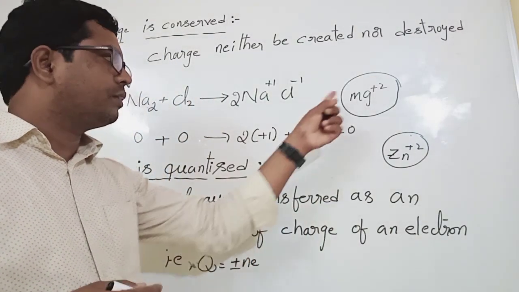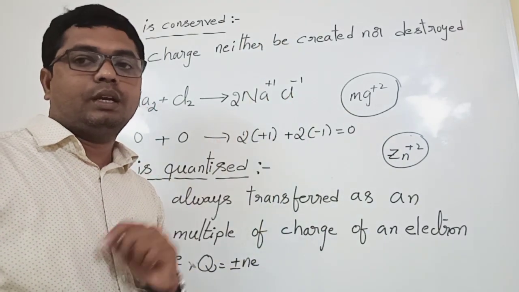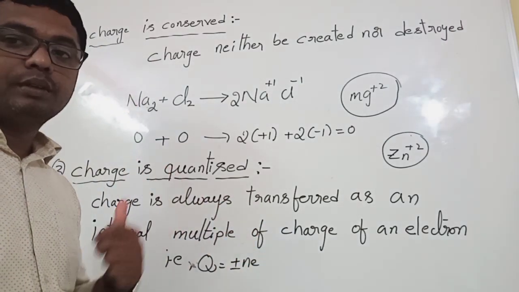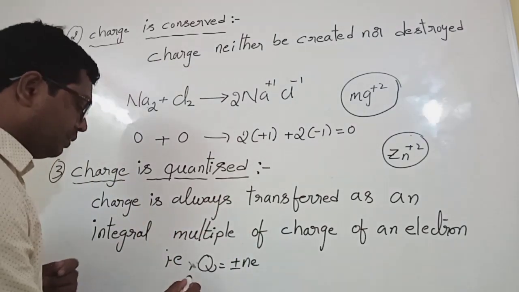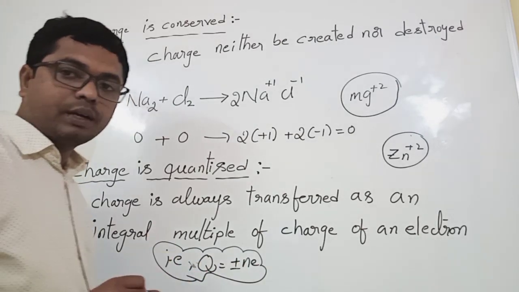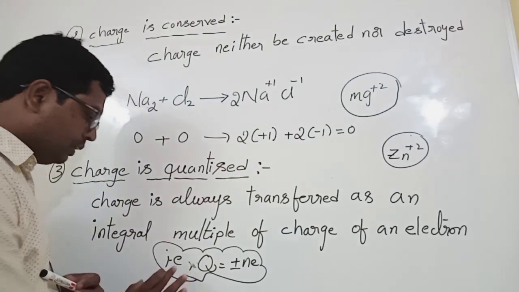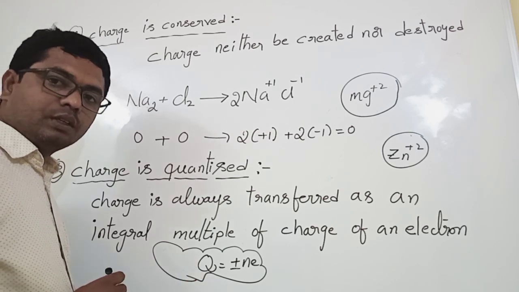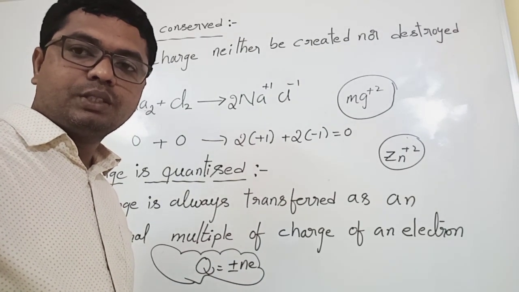It may be plus 2, plus 3, plus 4, plus 6, depending on the type of molecule, but you express it in integral multiples of the electron charge only. That is why this is called charge quantization: Q is equal to Ne. That is the quantization of charge.